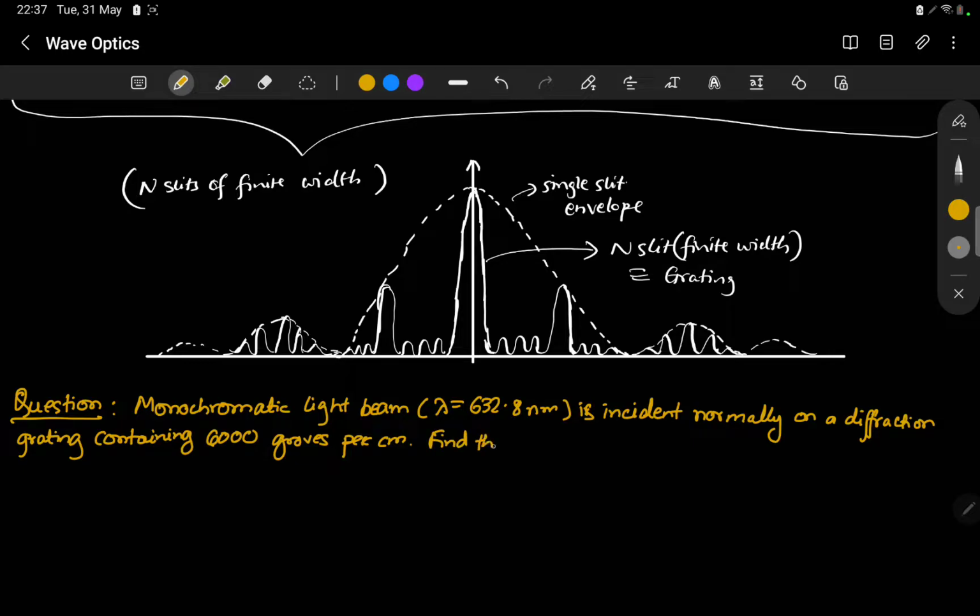Find the angles at which the first and second order maxima are observed.